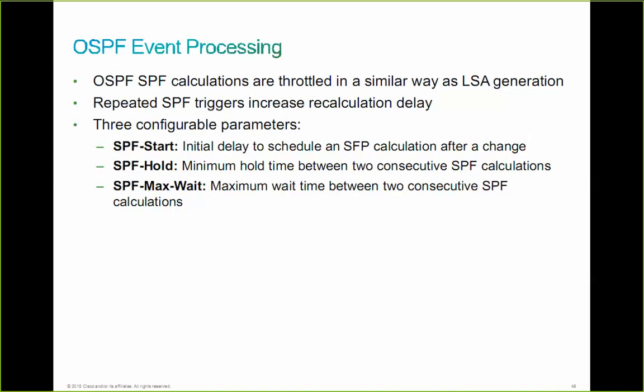So it might benefit you, it might, as Bush would say, be prudent, right? He said it wouldn't be prudent, but I'm saying it might be prudent to wait a little bit of time for more updated LSAs to arrive and then to only run the shortest path first algorithm after that waiting period has expired, just to make sure that you're receiving the latest information.